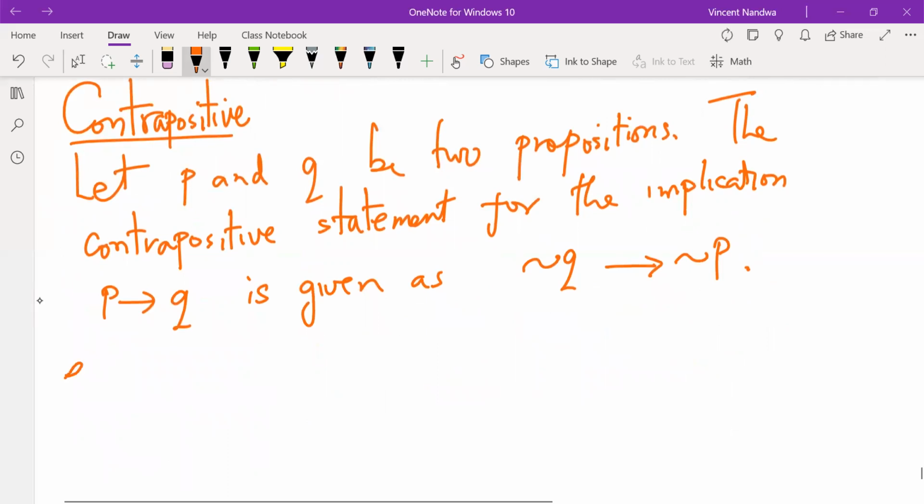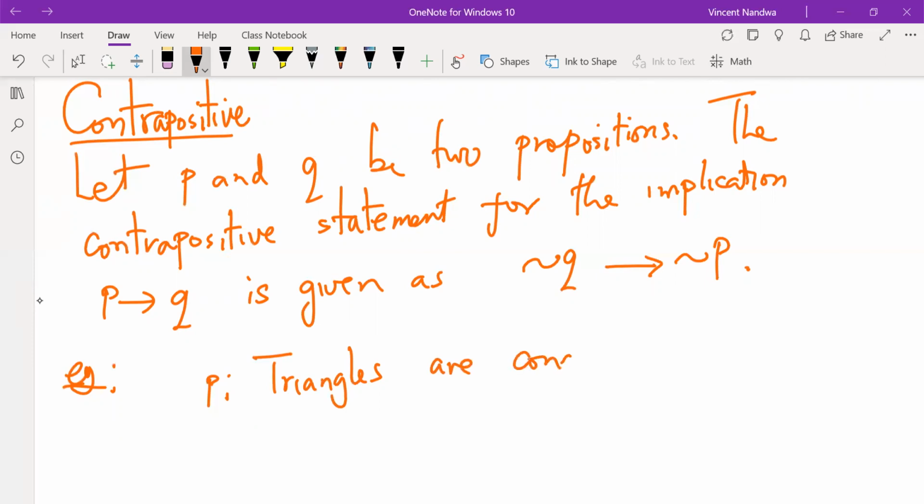So using the same example, P is triangles are congruent, Q, triangles are similar.